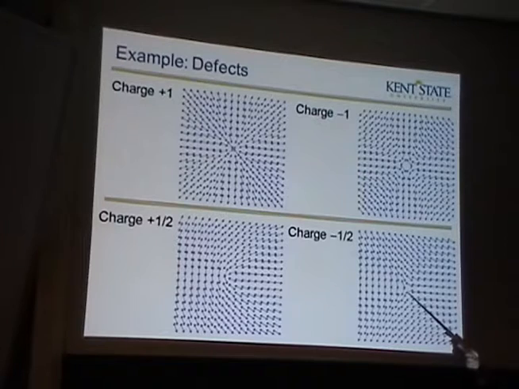And then maybe S becomes 0 in the center. Or for specialists, if you know about biaxiality, maybe it becomes biaxial at the center. I haven't told the rest of you about that yet. Okay, so that is about a typical configuration with defects.